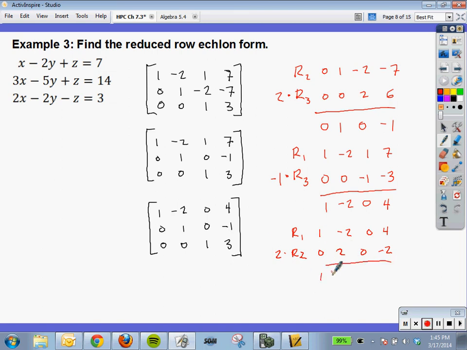And we add down, and that gives us a 1, 0, 0, 2. So that tells me that x is equal to 2. X equals 2. And now we have our reduced row echelon form of the matrix.